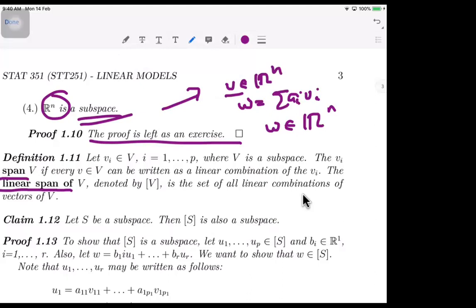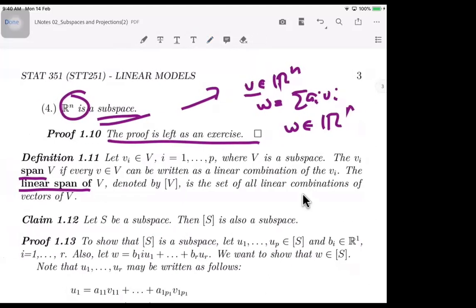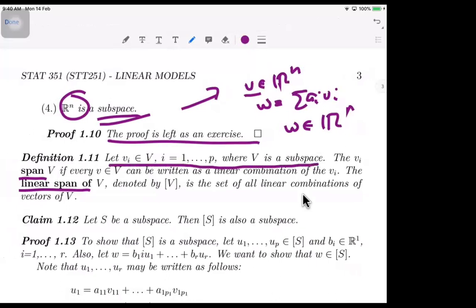So, assumptions: let v_i be in the set V, where V is a subspace. So if it is a subspace, you can always make a linear combination of the vectors in V with some constants a.